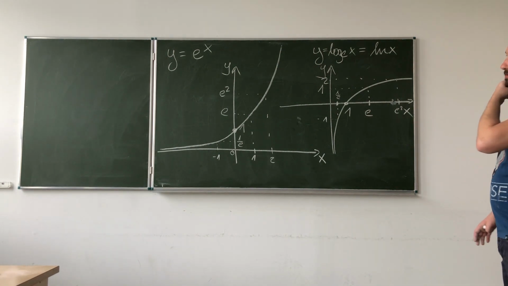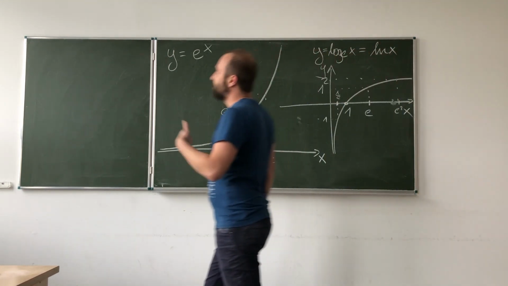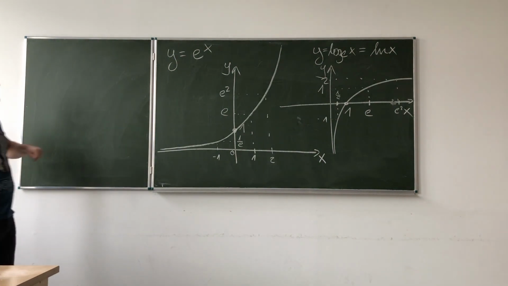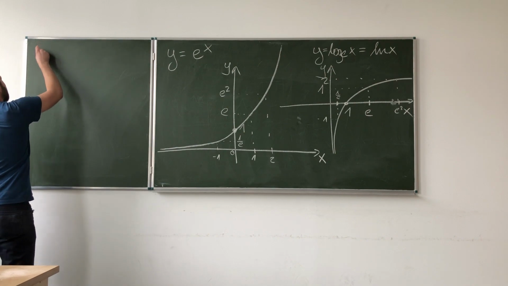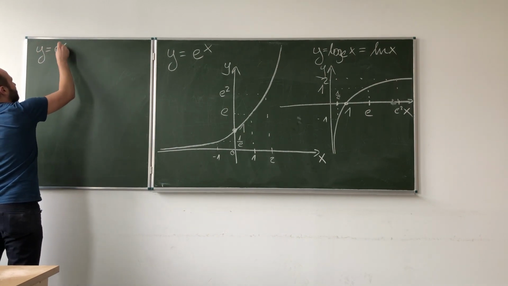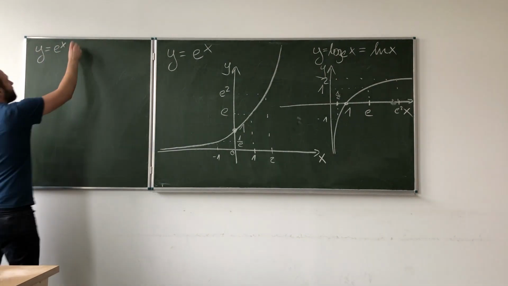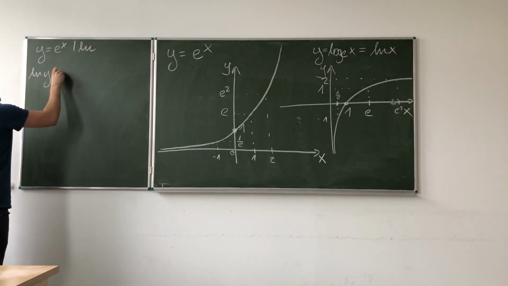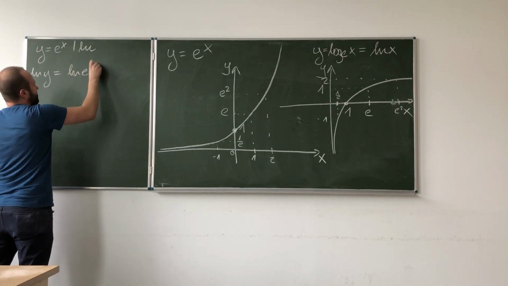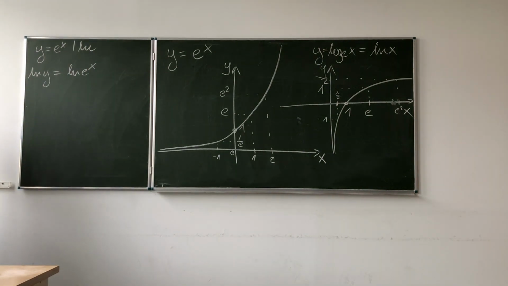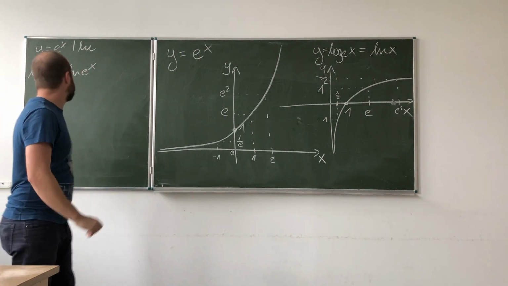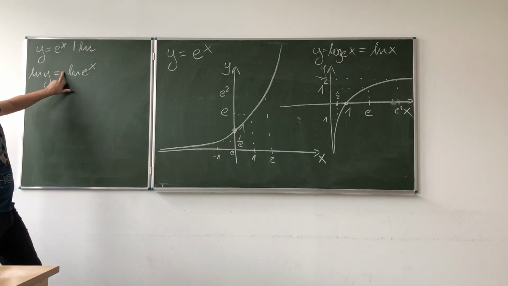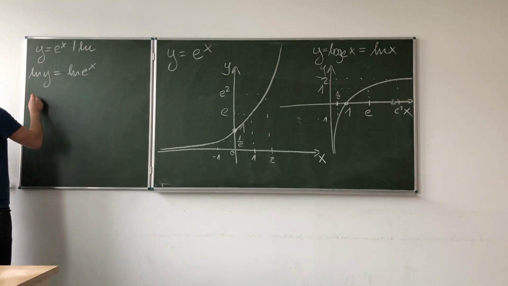So where's the connection? Actually, the connection can be established directly by very small manipulation of the function. Look, if I have a function y equals e to the power of x, I can logarithmize both sides. And what will I get? ln y equals ln e to the power of x. But we know from one of the properties of logarithms that this x, being the exponent, I can move in front of the logarithm.